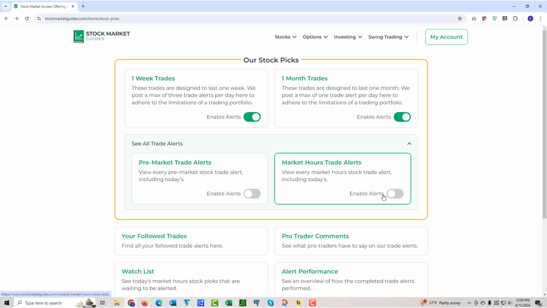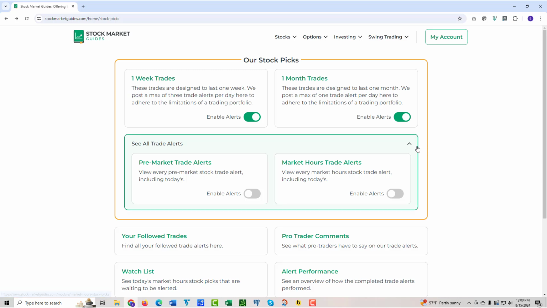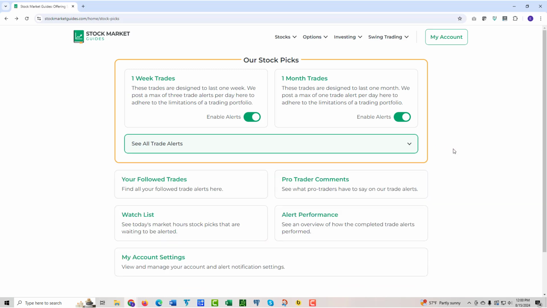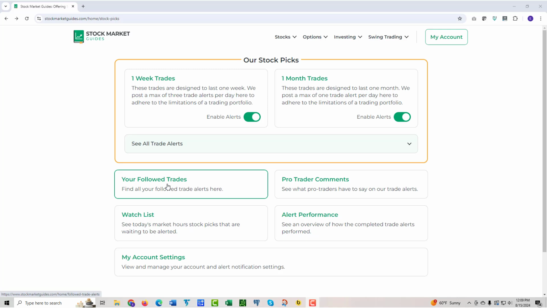And you can enable alerts for either one of these or both of them if you're interested, based on what your preferences are. So that's how you go about choosing which trade alerts are the best fit for you and will make for the best experience for you. And down here we have your followed trades.